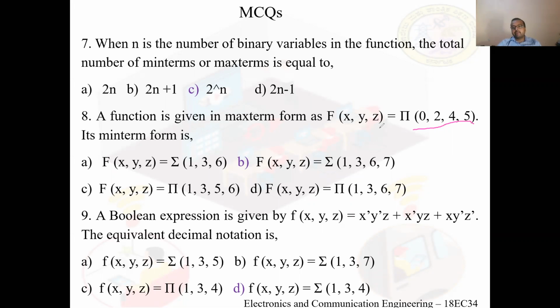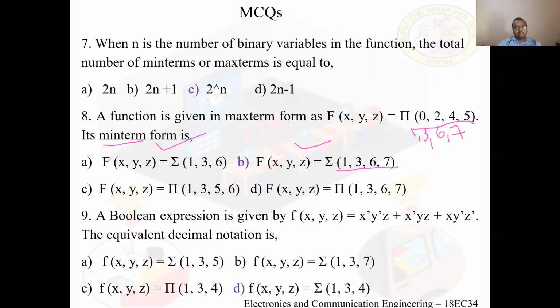Which decimal numbers are missing? 1 is missing, 3 is missing, 6 is missing, and 7 is missing. Now it says min term. Min term means it should have the summation symbol. We are left with only these two options, A and B. Out of A and B, look for the numbers 1, 3, 6, and 7. You can see it here. Option B is the correct answer.